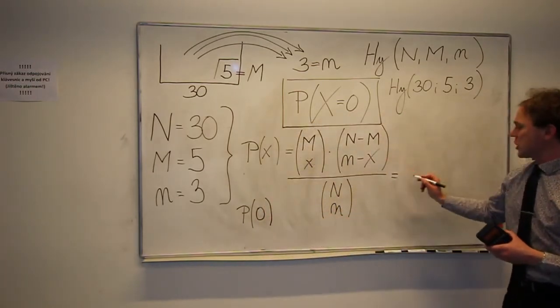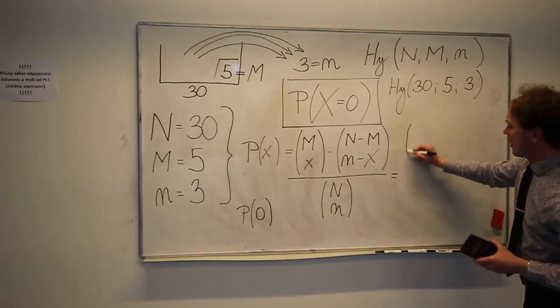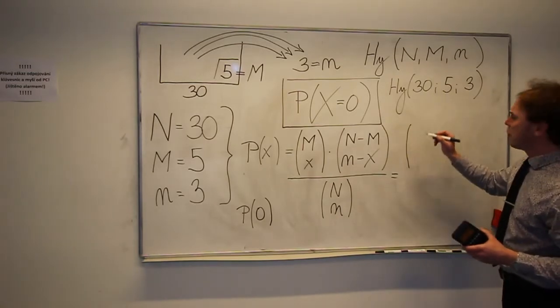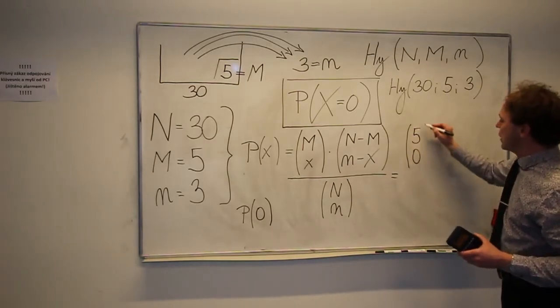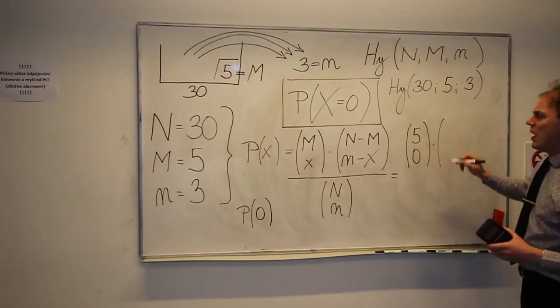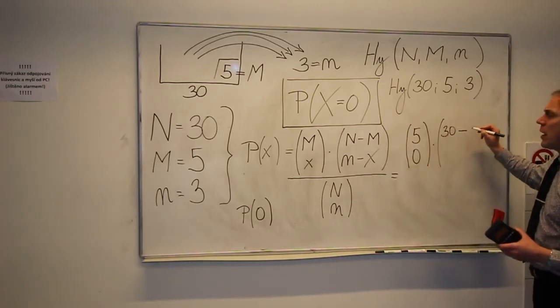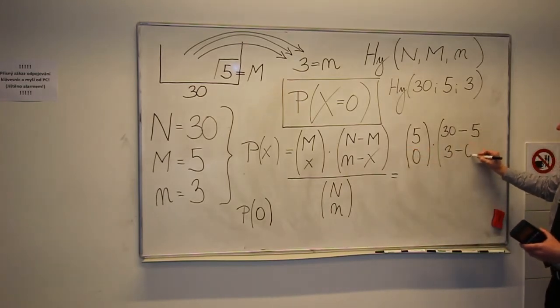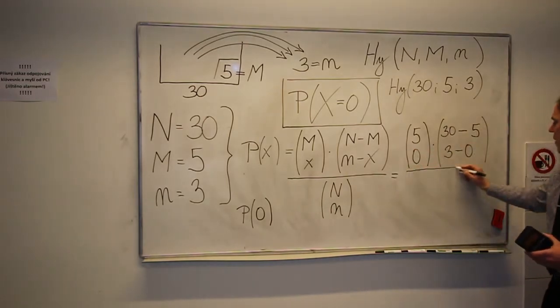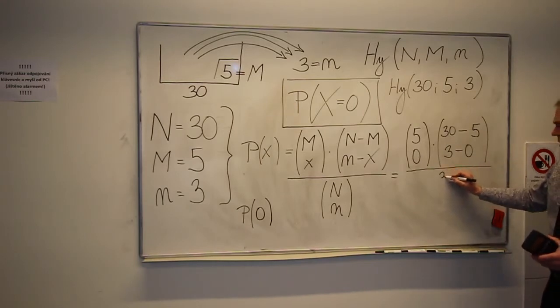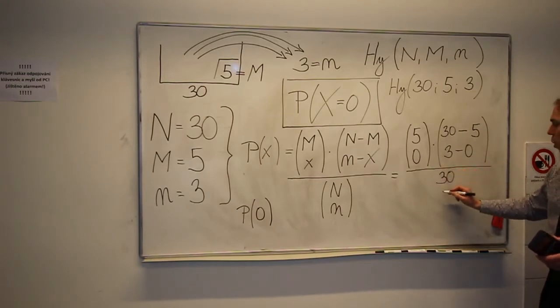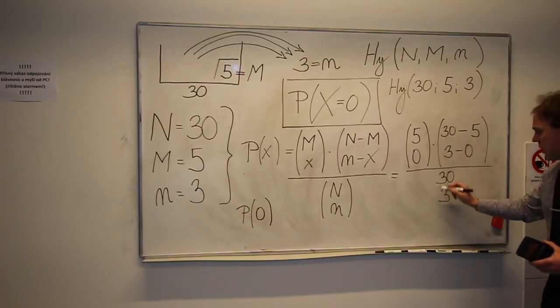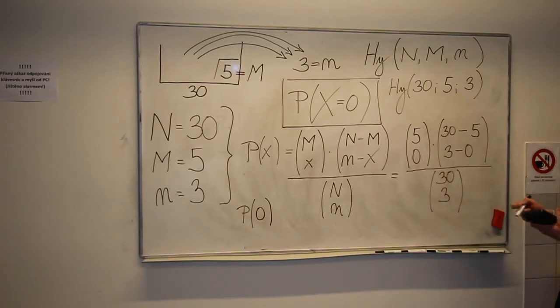Please use this formula: 5 above 0 times 30 minus 5 above 3 minus 0, divided by 30 above 3. Okay, so that's all.